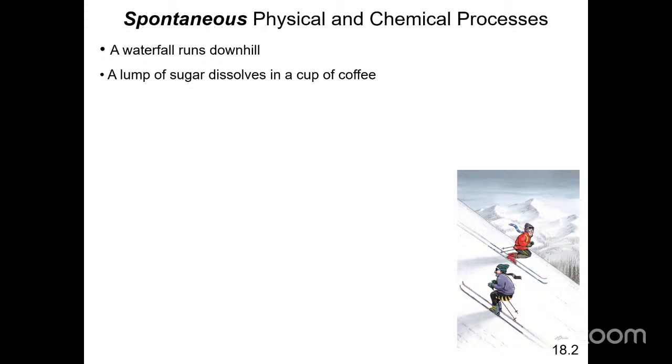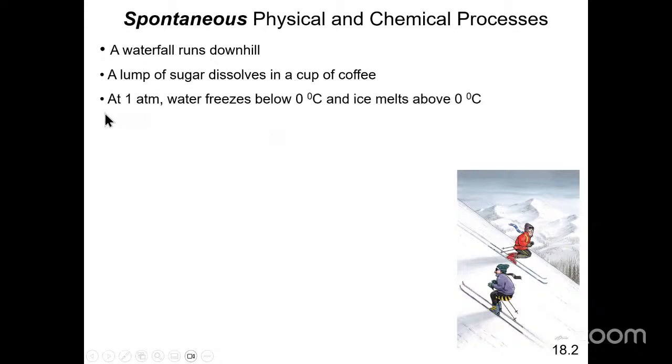So here are some examples of spontaneous processes, and this is true of both physical and chemical processes. Water running down a hill is obviously a spontaneous process. You don't need to do anything for that to happen. A lump of sugar dissolves in a cup of coffee. Again, that's a spontaneous process. At 1 atmosphere, water freezes below 0 degrees Celsius and ice melts above 0 degrees Celsius.